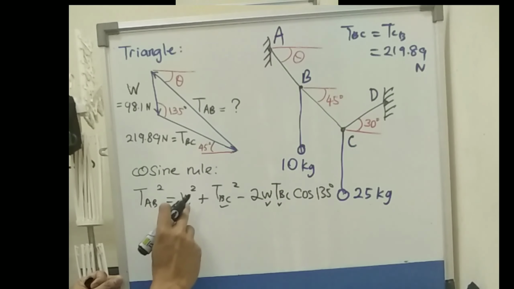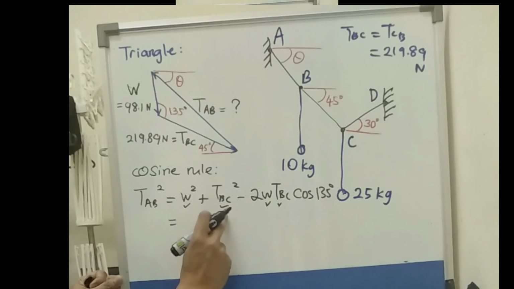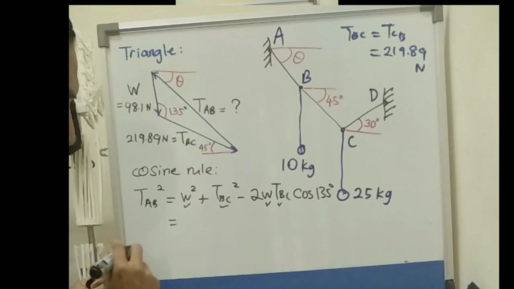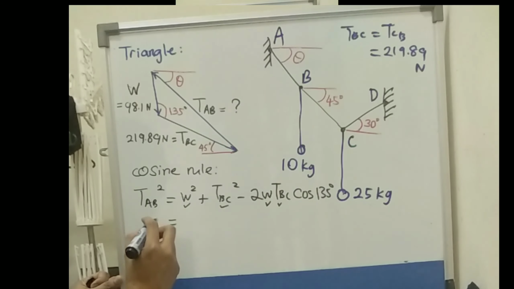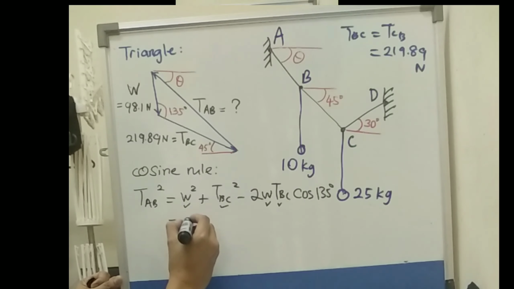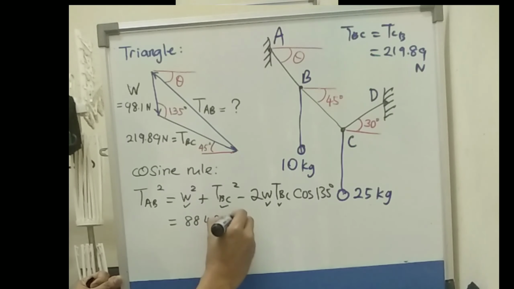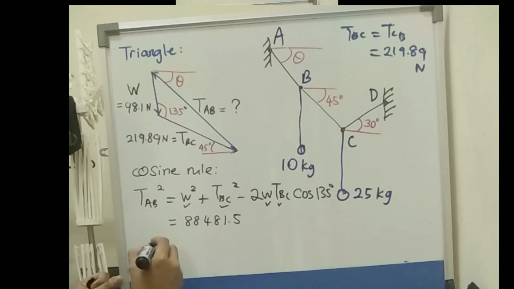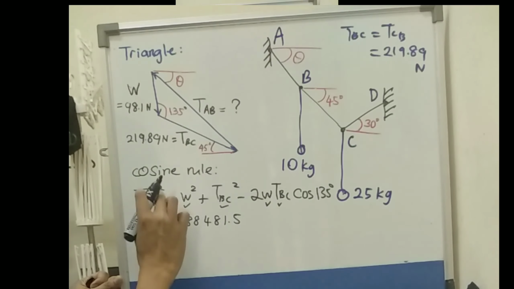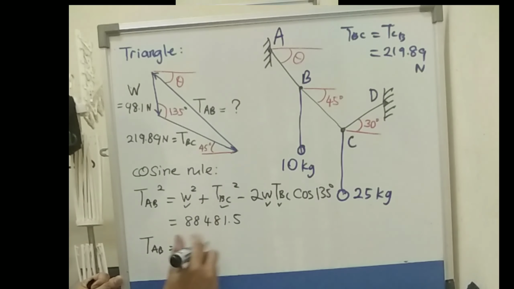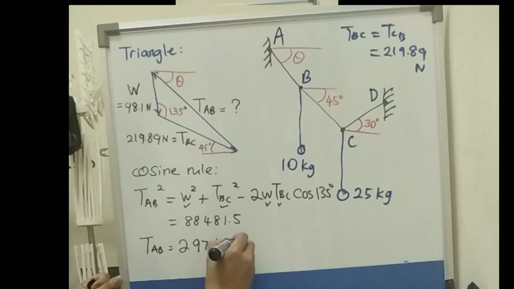Putting in all these values W, TBC and cos 135, we get TAB square as 88481.5. Then we take the square root, and you get TAB to be 297.45 Newton. Okay, so you got your TAB.